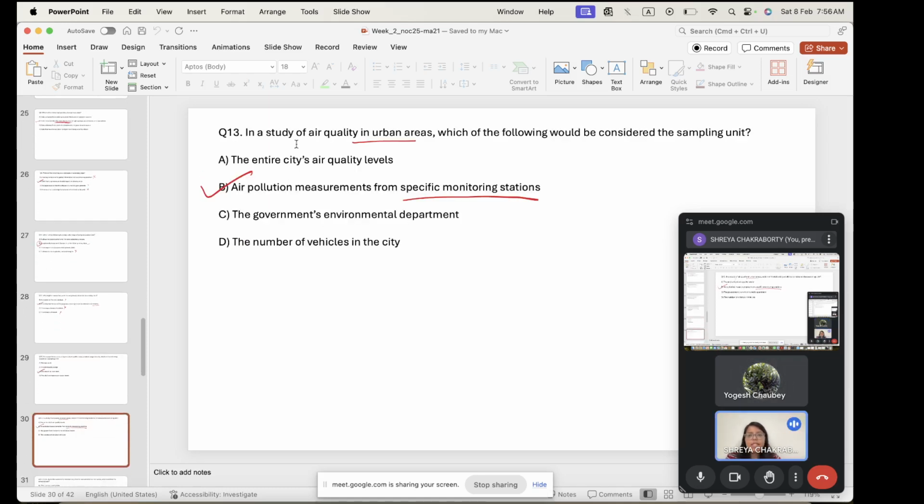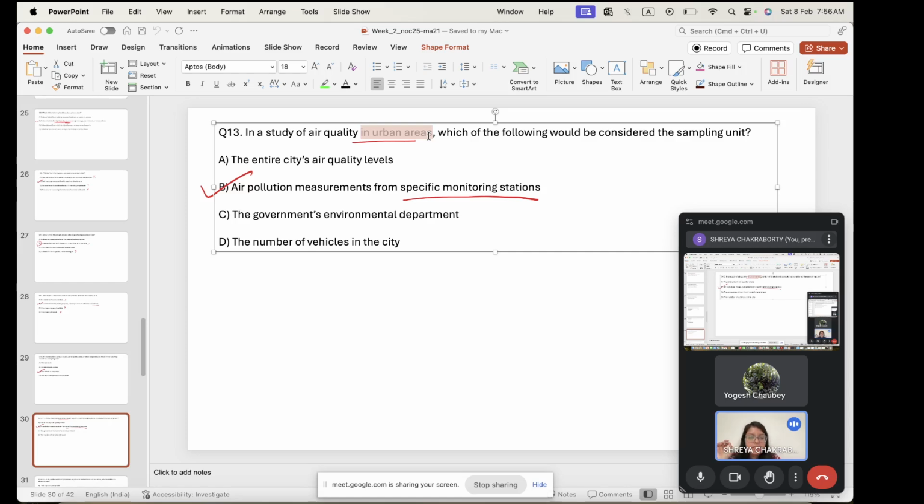Then, in a study of air quality in urban areas, which would be considered a sampling unit? Since the focus is only on urban areas, I feel that it is more appropriate to collect measurements from specific monitoring stations stationed in the urban areas.